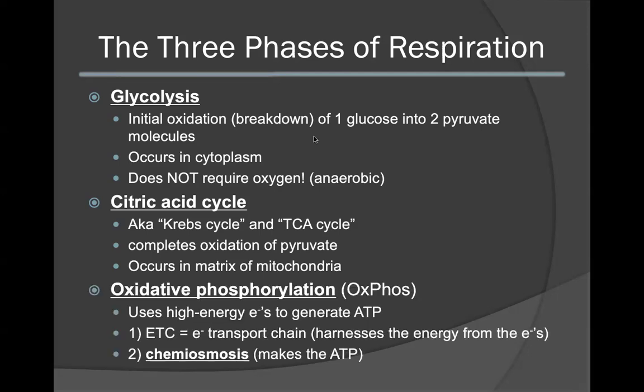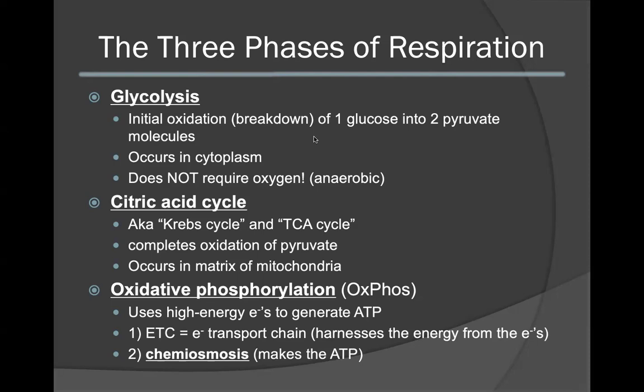We then have oxidative phosphorylation. This is where the energy from those electrons is going to be used to generate ATP molecules. This is done in a two-step process. The first step is where the electron transport chain will be used. The energy from these high-energy electrons will be used to pump protons into the intermembrane space.